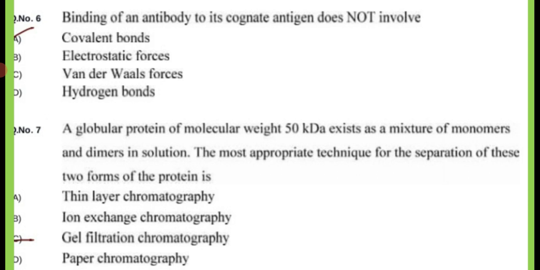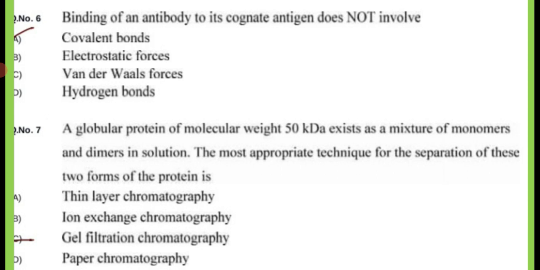Then the next question: a globular protein of molecular weight 50 kilodalton exists as a mixture of monomers and dimers in a solution. The most appropriate technique for separation of these two forms of the protein is... Here the question is asked for analysis of a protein by a technique. For this purpose, we can make use of gel filtration chromatography. Gel filtration chromatography separates proteins on the basis of their molecular size.